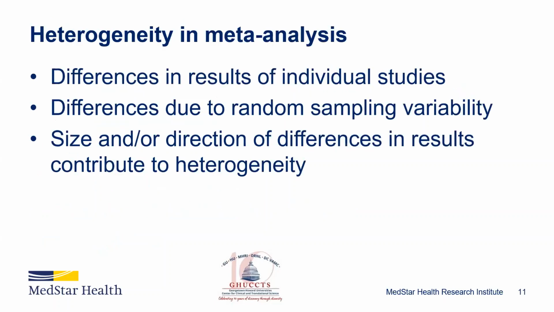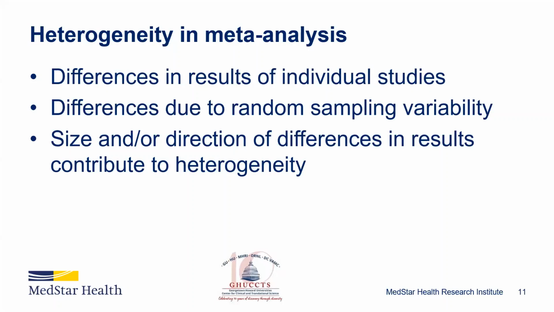So when we talk about homogeneity or heterogeneity in meta-analysis, as I mentioned, we're going to find differences in the results of individual studies. And the basic assumption that we would like to make is that any differences are due to just chance or random sampling variability.